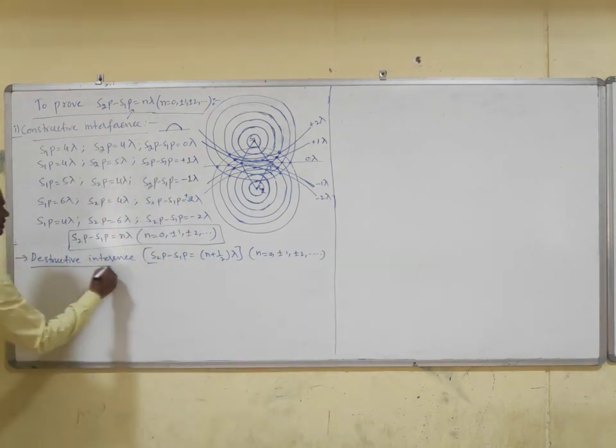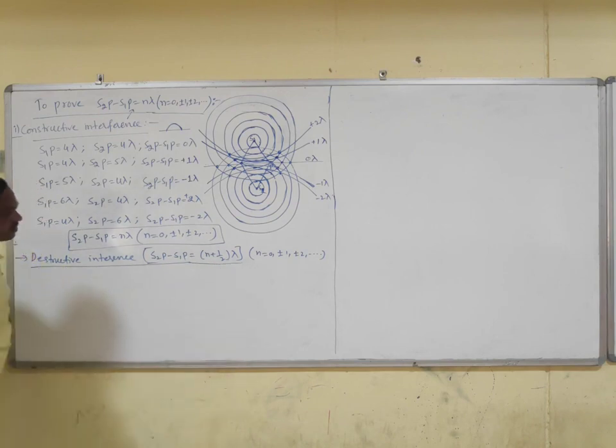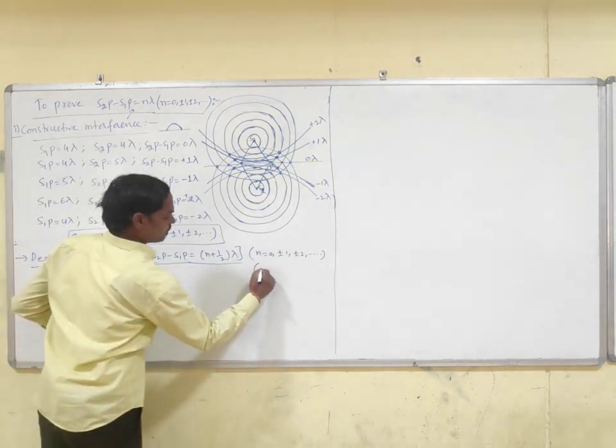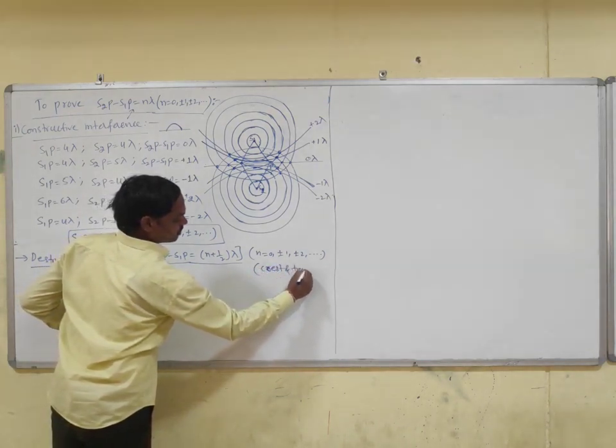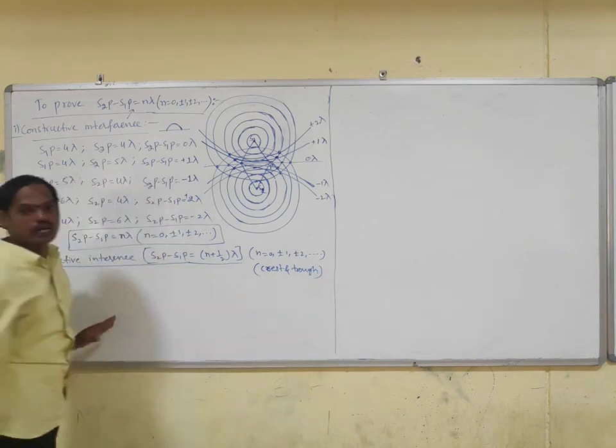So let us look at the same again, same procedure, but here which will be overlapping? Crest and trough. Crest and trough will be overlapping.